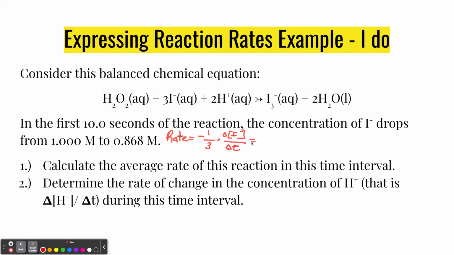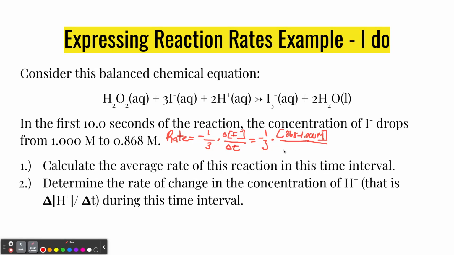So when I do that, it's negative 1/3 times 0.86 minus 1.00 molar. Remember, we do final minus initial here, guys. Don't worry, that negative number is going to be canceled out. Divided by the change in time.